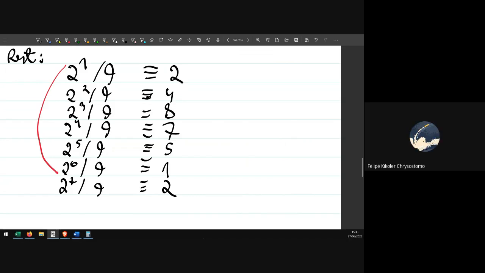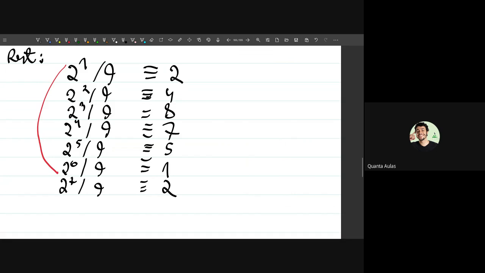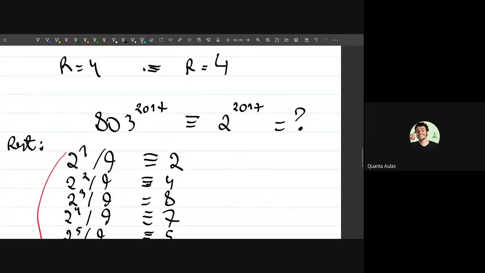So we always have this pattern in each 6 powers. We have this cycle. Okay, so we need to know where 2017 will be in this cycle of 6.